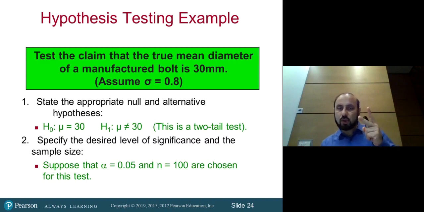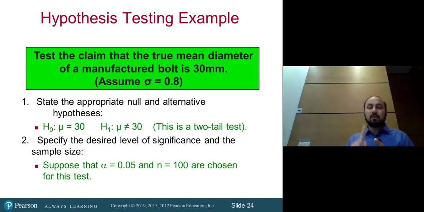When sigma is known, immediately we know we have to use the z-test. Let's put this into the steps. Number 1, state the null and alternative hypotheses. So here we state mu is equal to 30 as our null hypothesis and H1, mu is not equal to 30, as our alternative hypothesis.